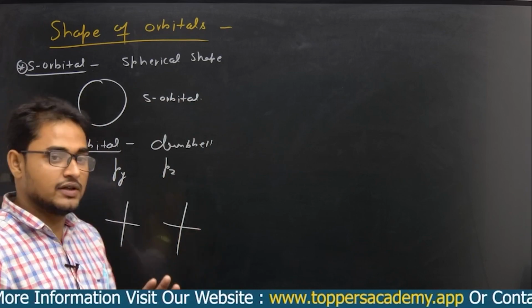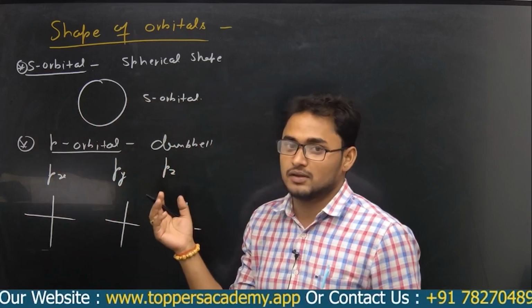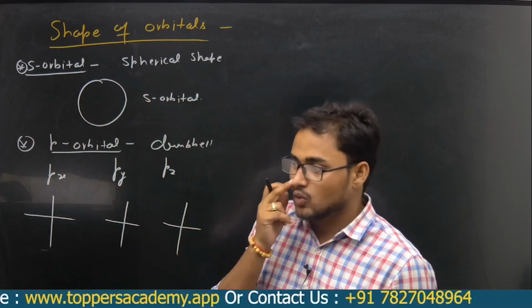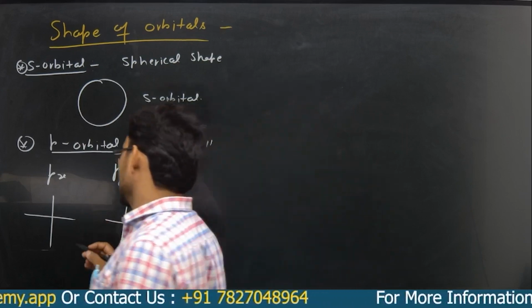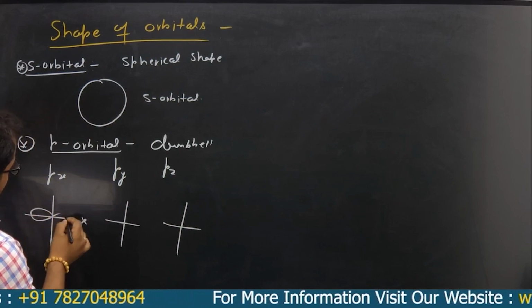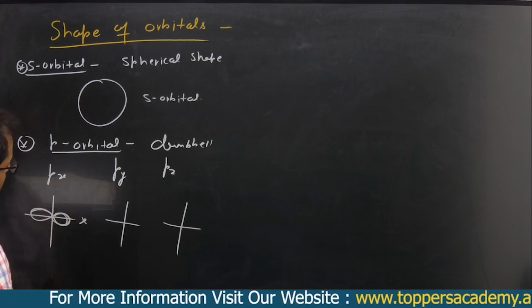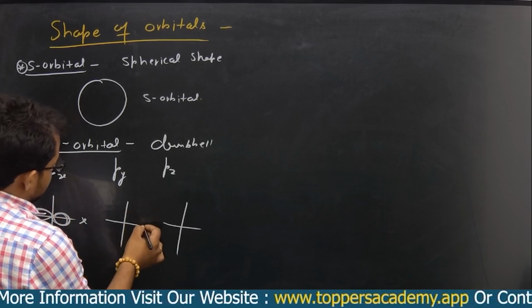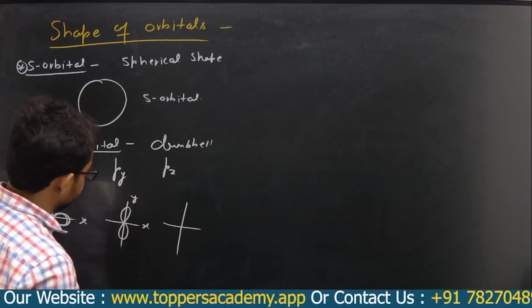Actually these are three axes, x, y, z, and our board is two dimensional. I am talking about three dimensional. So I can consider any line as any axis. Suppose I want to draw x, it is present in dumbbell shape, right? I am taking it as x, it is y, so it is py.